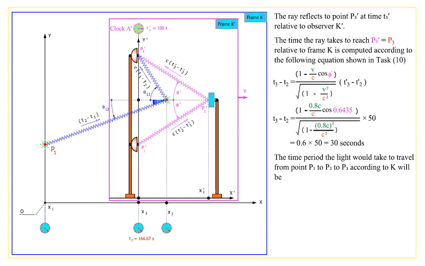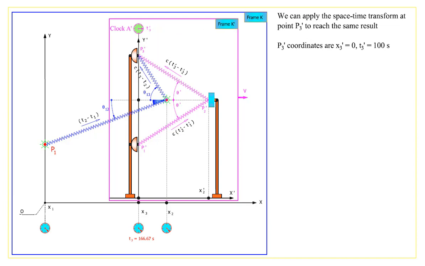The time the light takes to travel from point P1 to P2 to P3 according to K is T2 minus T1 plus T3 minus T2 equals 136.66 plus 30 equals 166.66 seconds.